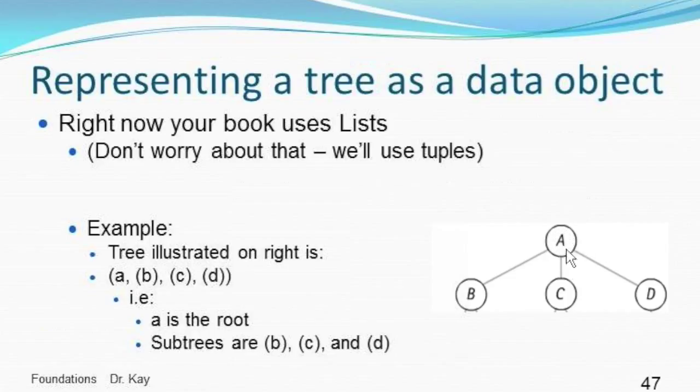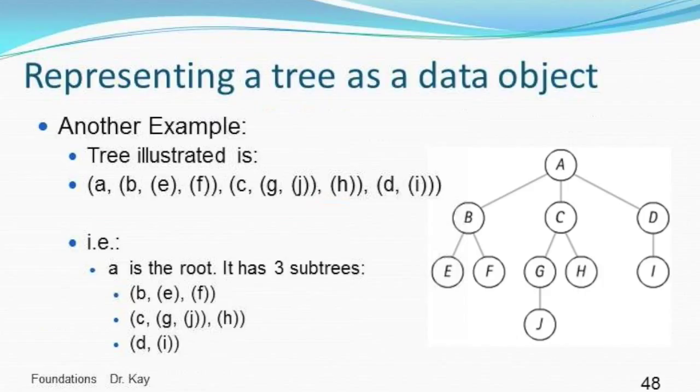A is the root, so we start by saying here's the root, and then following the root are all the children of the root. So we've got B, C, and D, right? Subtrees B, C, and D, right? And we can keep doing this sort of recursively. So in this case, A is the root of the tree, so that's the first element in my tuple.